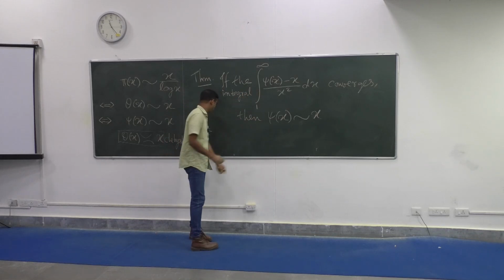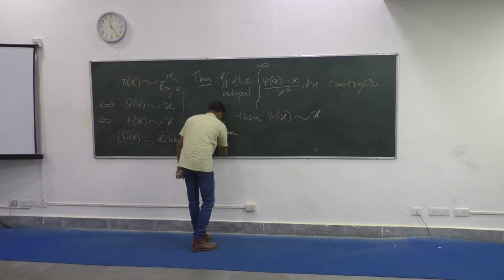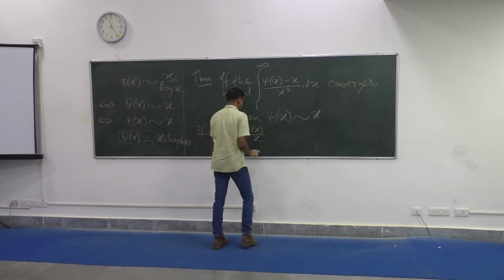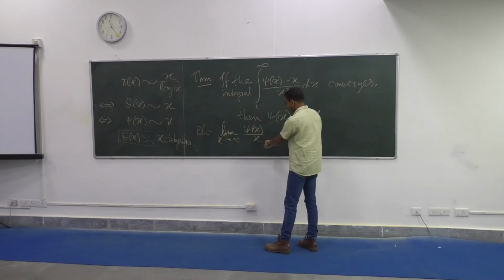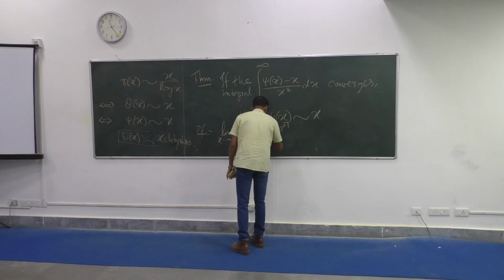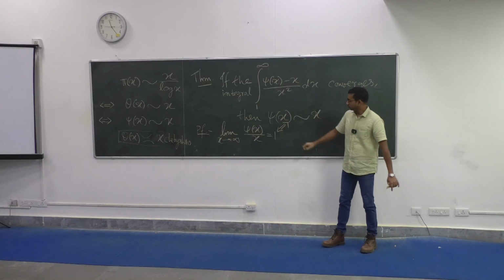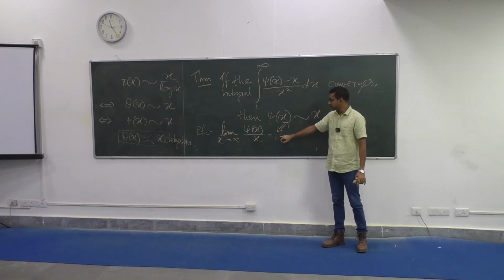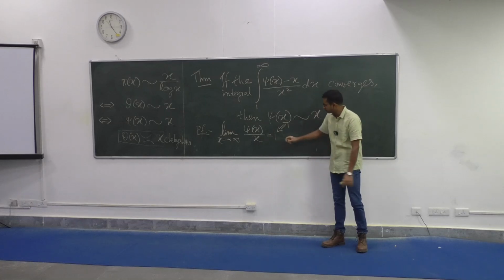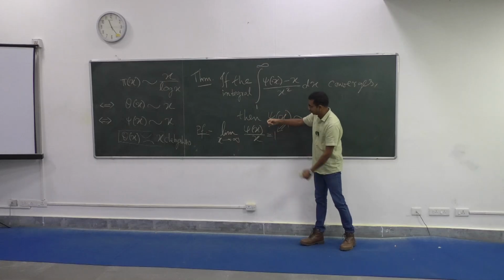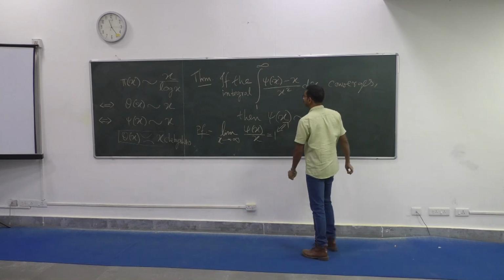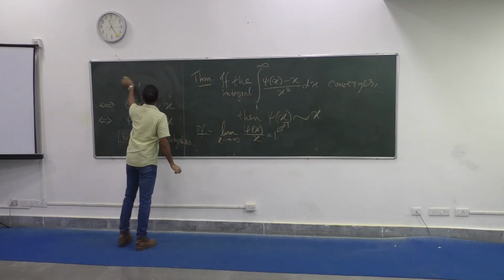Now what does it mean that it is not true? If it is true, the limit as x goes to infinity of psi x by x is equal to 1. If this is not true, then either the lim sup is greater than 1 plus some epsilon, or the lim inf is less than 1 minus some epsilon.